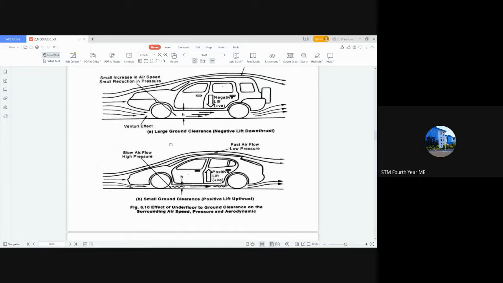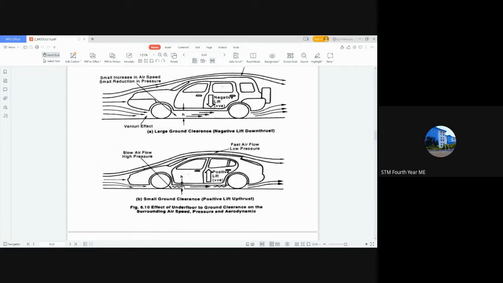I have already told you, it is when you are reducing the cross-sectional area. Once the area between the chassis of the vehicle and the ground surface reduces, the velocity increases, and due to this velocity increase there will be higher pressure generated here.